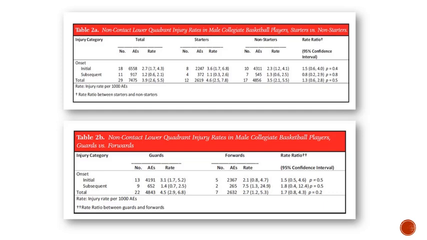But what I did report in this area was I was curious if there was differences in injury rates between starters and non-starters. You might think, oh, starters play more, they're going to be hurt more. Well, as it turned out, there was no difference in injury rates. And then down below, looking at injury rates between guards and forwards, and again, found no difference in injury rates there.